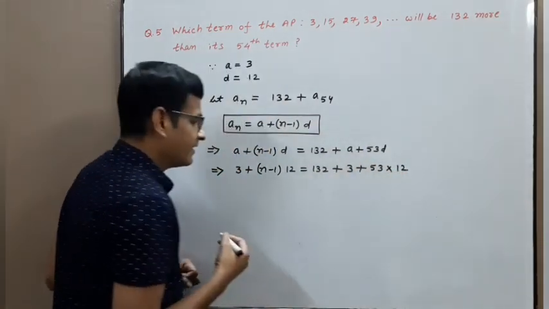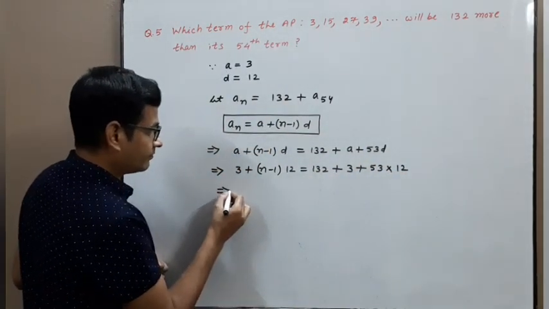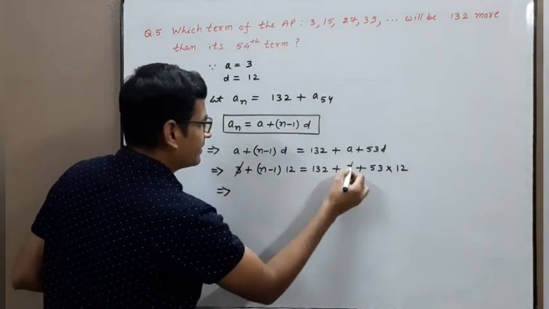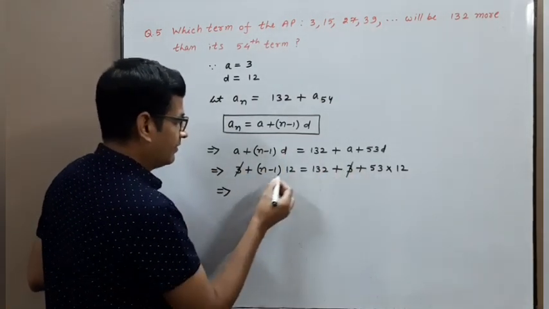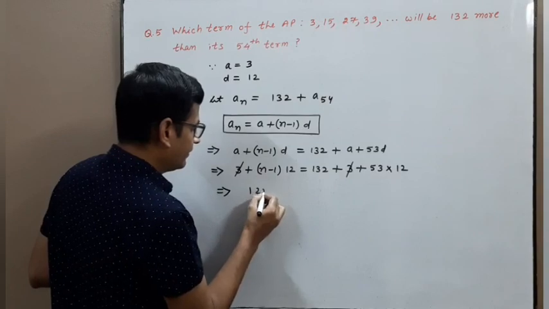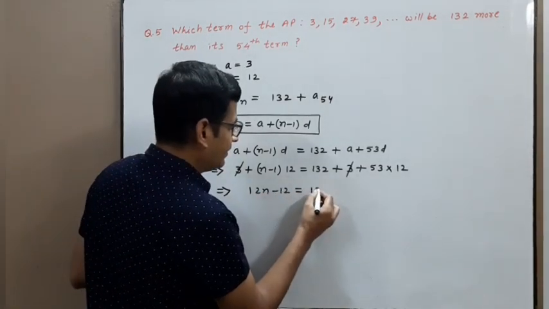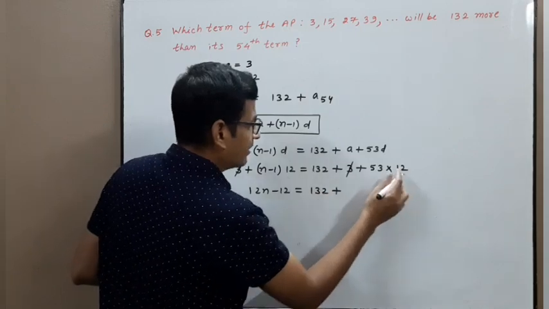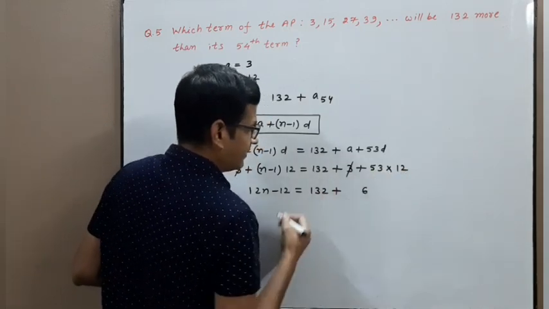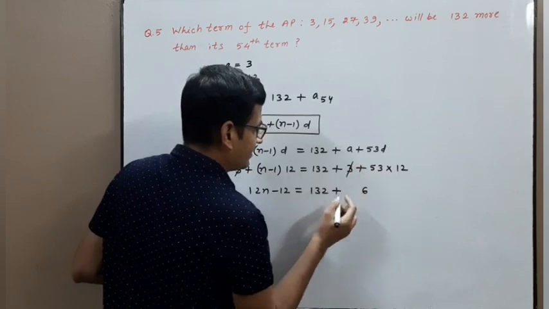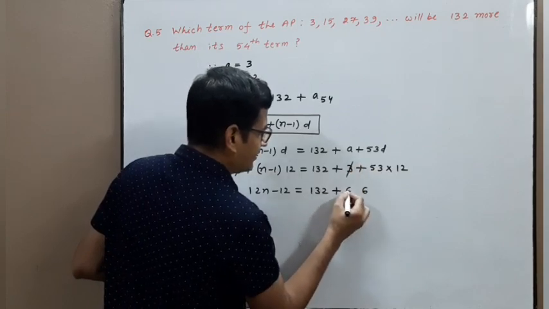Now simplify this calculation. 3 and 3 cancel. 12n minus 12 equal to 132 plus 12 times 53, which is 636.